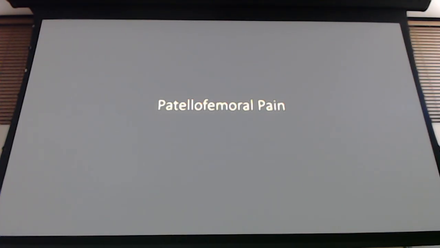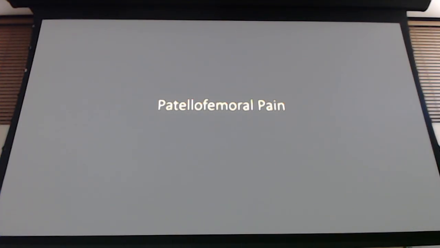So there's a condition that we would diagnose in the training environment because we couldn't find anything on their exam and we couldn't find anything on their imaging, and they're young. We just call it patellofemoral pain syndrome because they're just complaining about this and a couple other things too. You couldn't nail down any of those diagnoses.